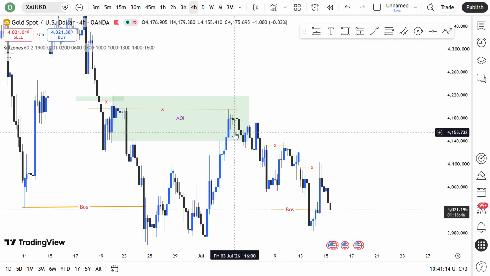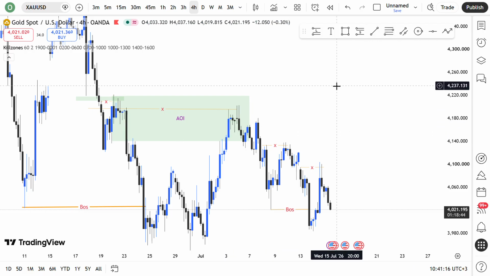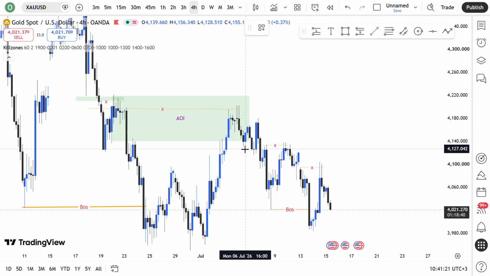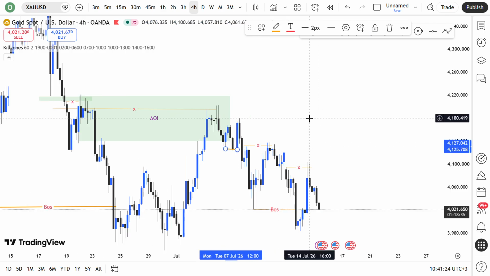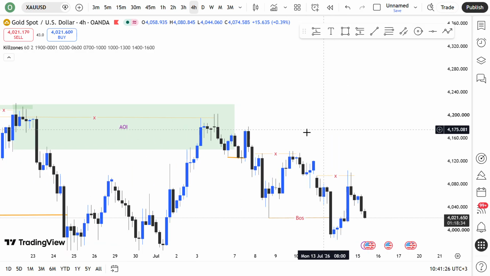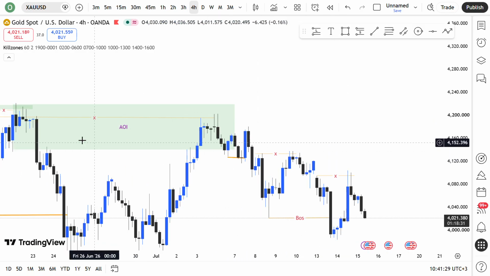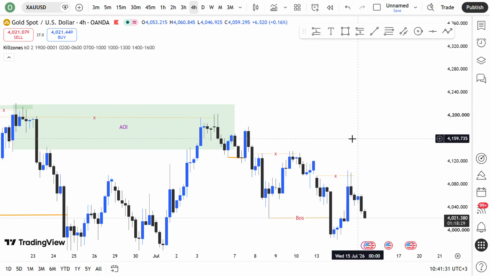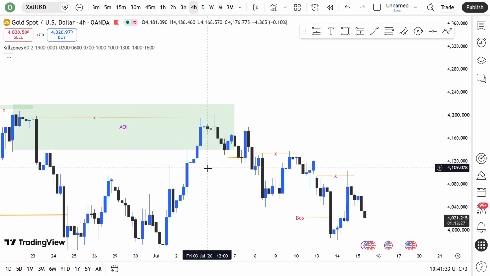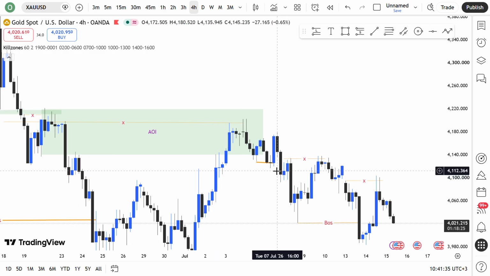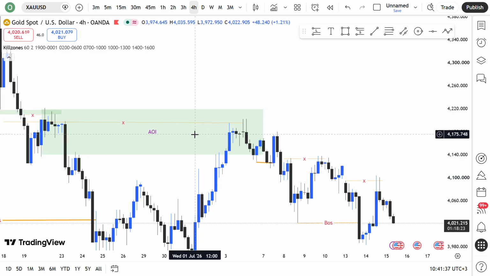This is a change of character when you drop to the 1 hour time frame, a lower time frame, and this 4 hour time frame, and see that clearly the price after mitigating this area of interest gave us a clear change of character, meaning that the players have rejected from an area of interest, which is an order block that we marked from a daily time frame, which is a higher time frame.